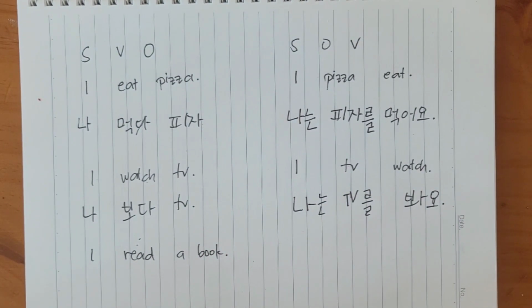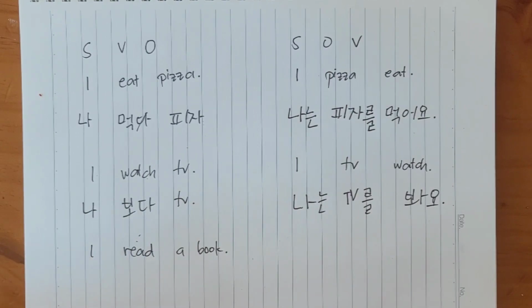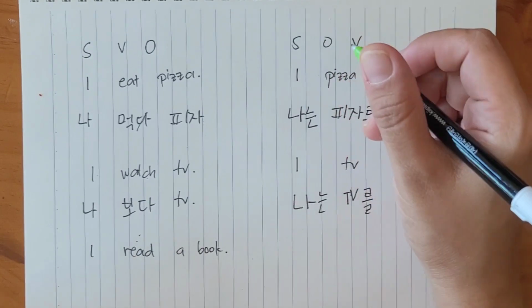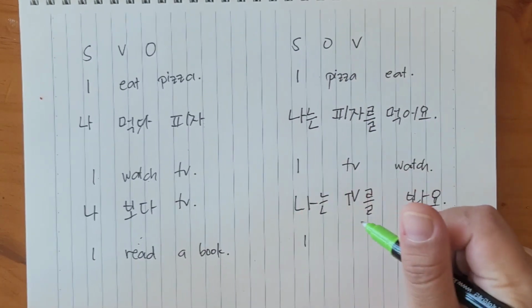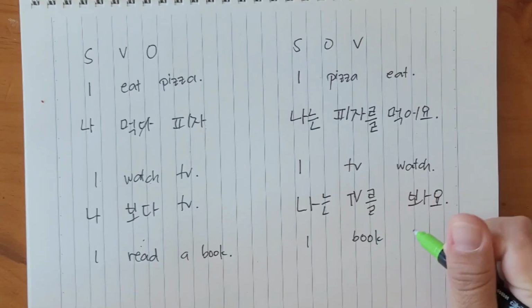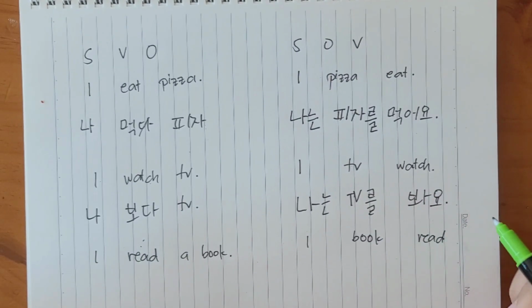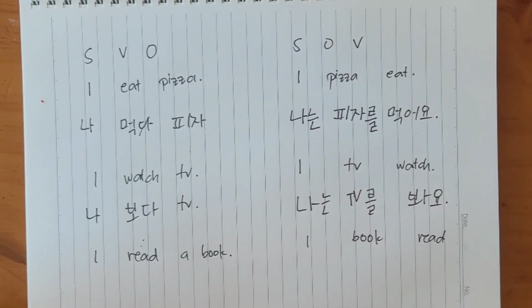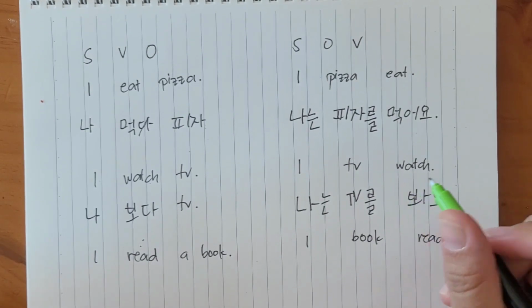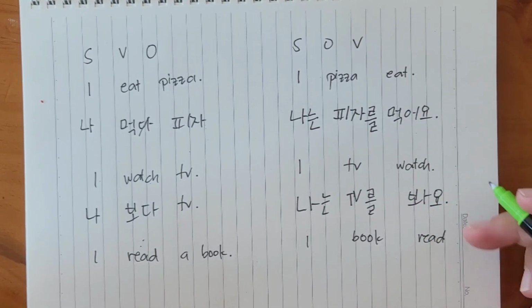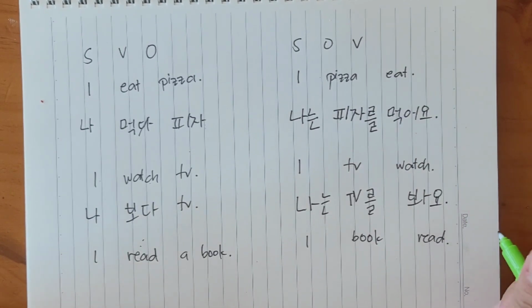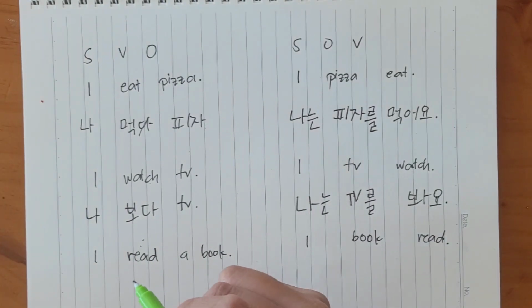Another example: I read a book. Gawin mo muna. Ikaw muna yung mauna. Tapos na. Dito sa SOV, I book read. Subject, I; book is yung object and verb is yung read. I-translate natin siya into Korean.